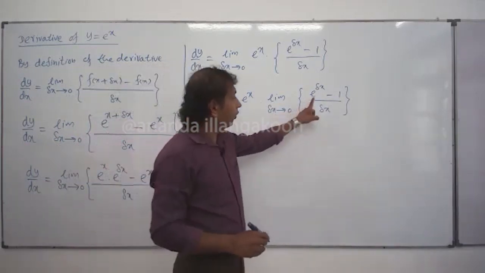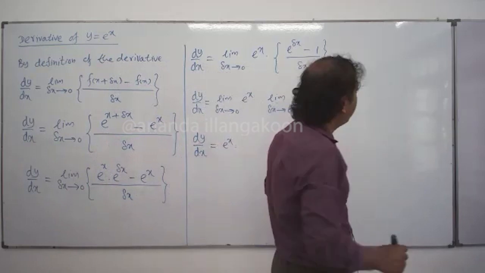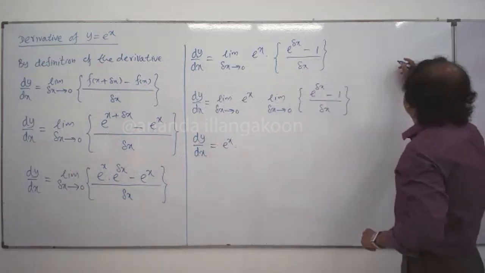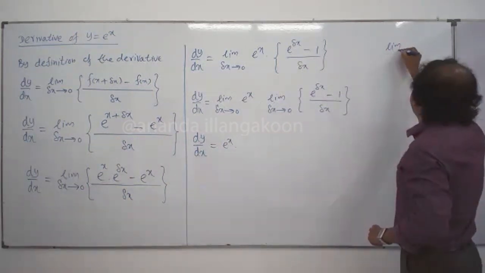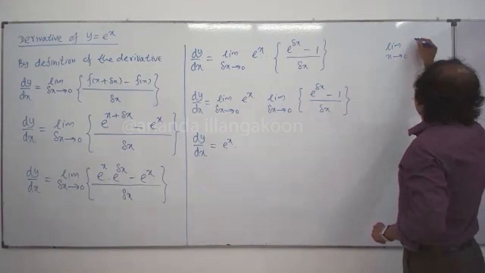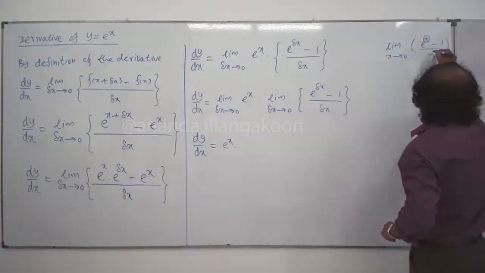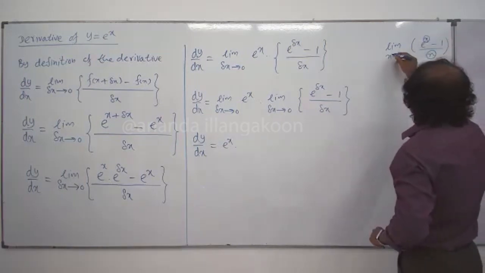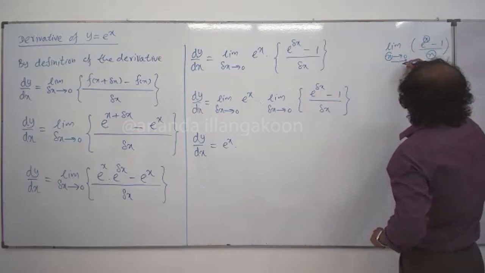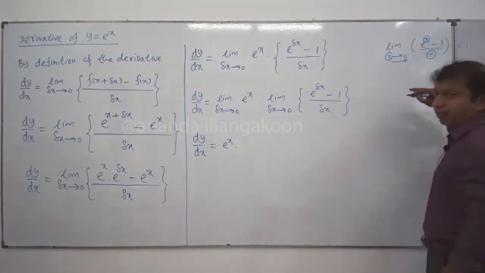And this one, people, you can remember in the limit lesson we discussed: limit x going to 0 of (e to the power x minus 1) divided by x. Here the power of e and the denominator are the same value, only going to 0. Then we know this answer is 1.